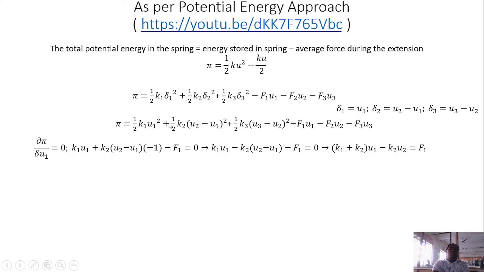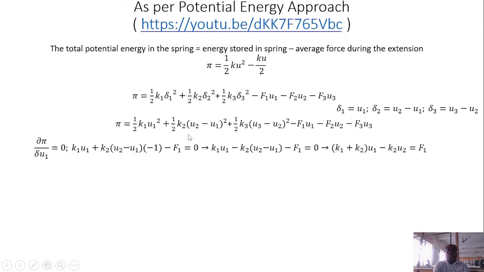After that the same procedure, x power n can be converted into n into x power n minus 1. So 2 into x power 2 minus 1 is equal to 1. So here the 2 by 2 cancelled, so I can get K2 into U2 minus U1.